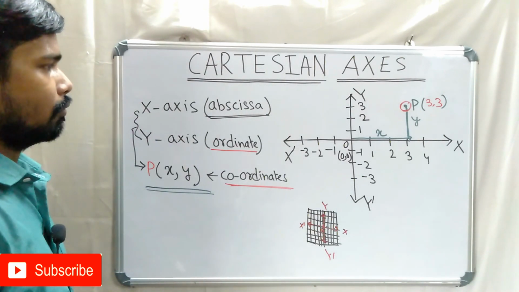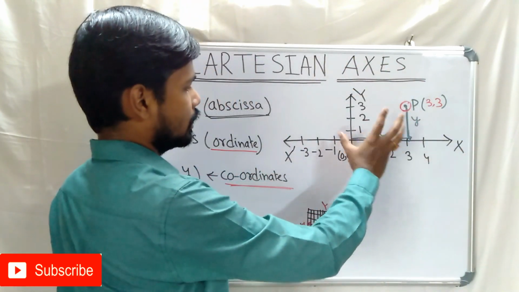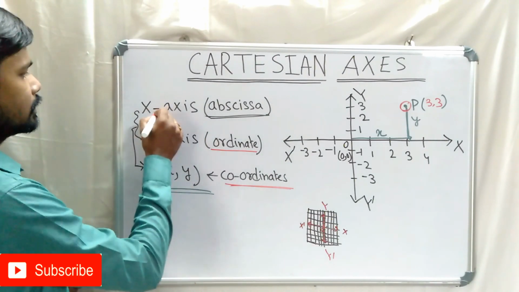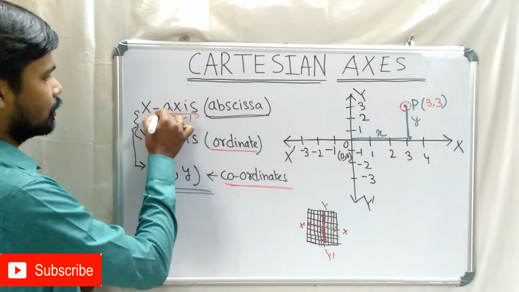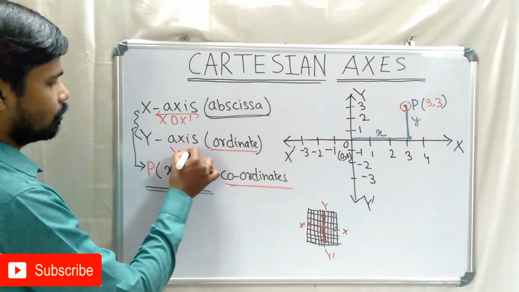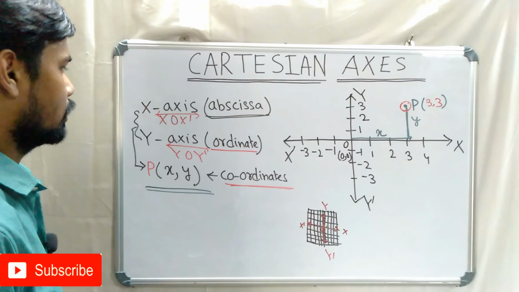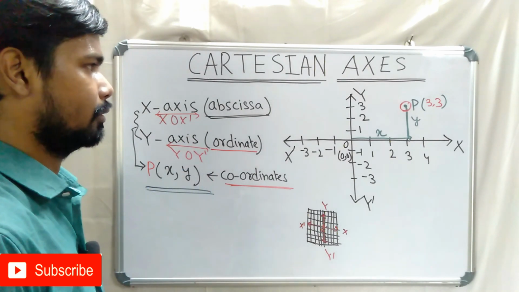Now you have to remember another thing. This is the Cartesian axis, x-axis and y-axis. You may remember the x-axis is the XOX dash line, and the y-axis is the YOY dash line. The x-axis is named abscissa, the y-axis is named ordinate.